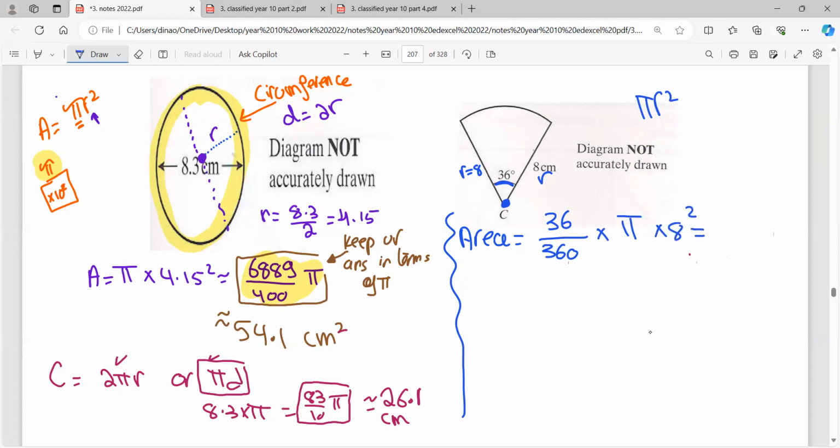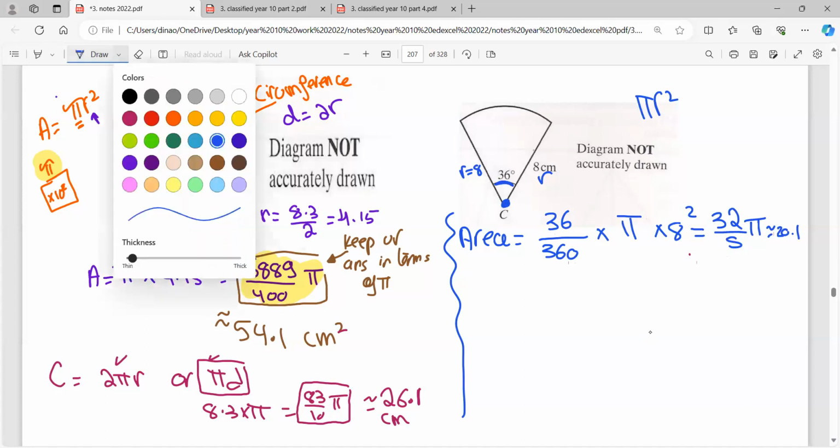Why do I tell you the sector is easy? Because all I do in the sector is use the circle's rules and just add this fraction. I will get this answer on the calculator. We said we leave it like this if it says keep in terms of pi, but if I change to decimal I will get an answer of 20.1.